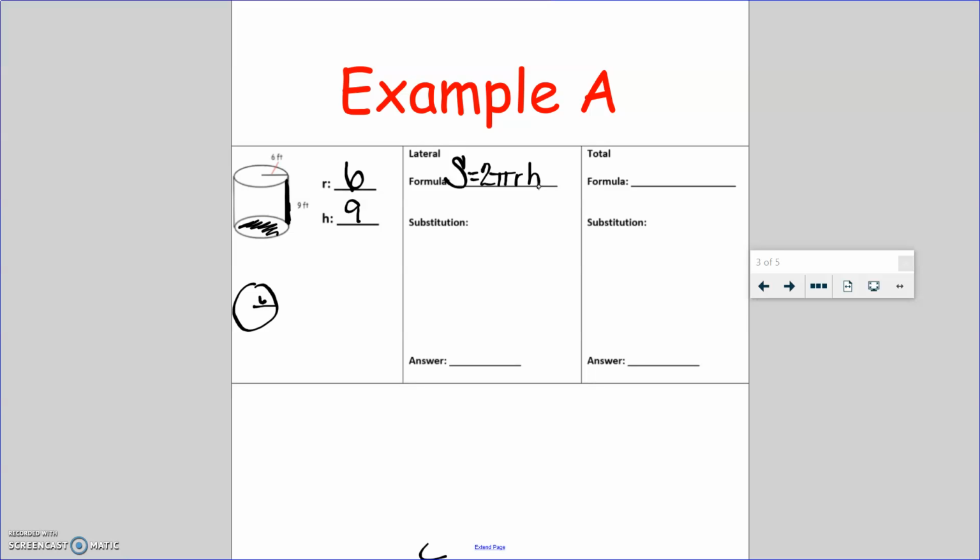Now that we have the formula, we can start substituting. So I have surface area is equal to 2 times pi times my radius, which is 6, times my height, which is 9.